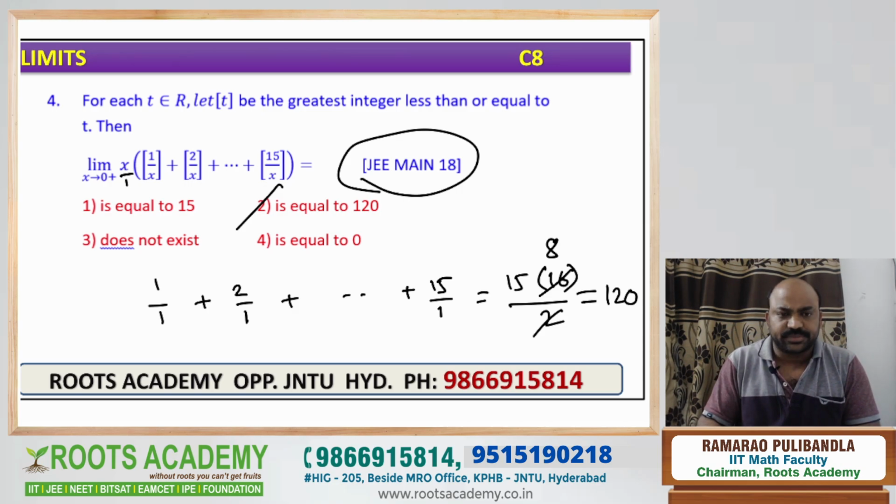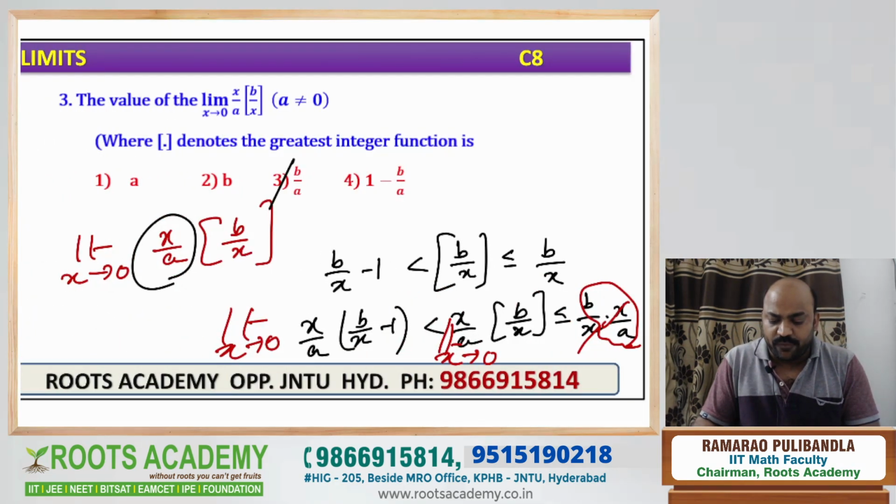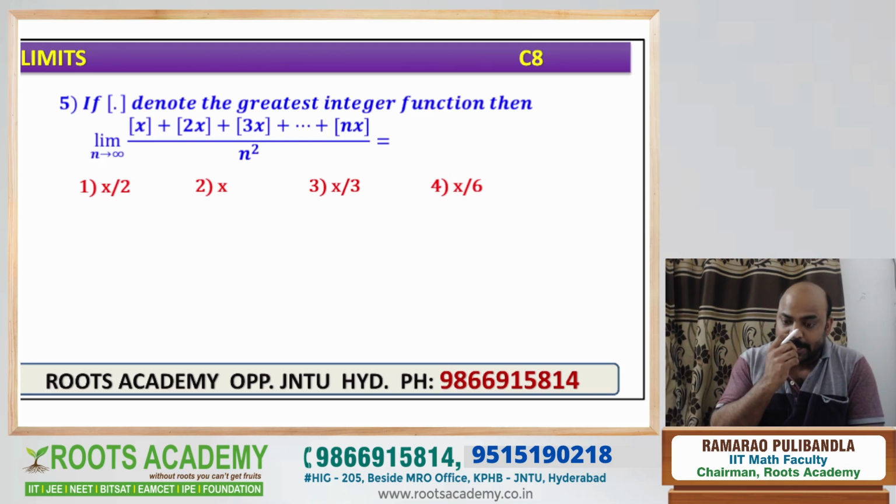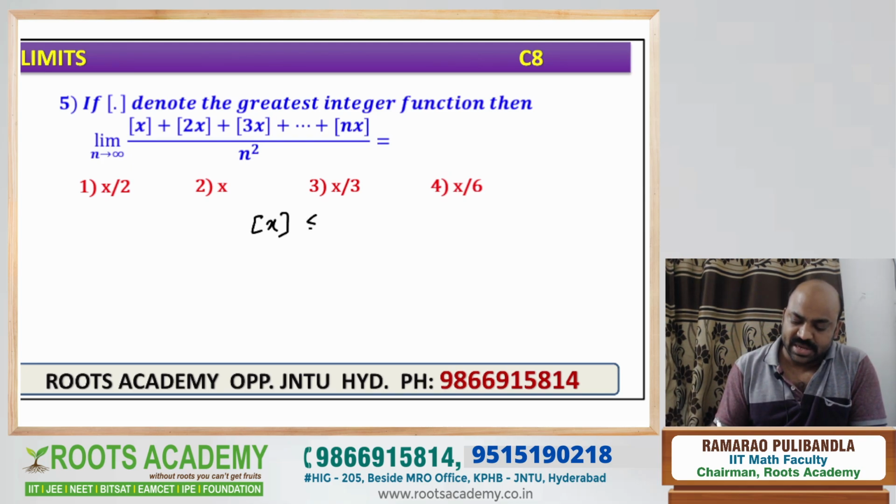What a beautiful question these are. All right. Moving forward to the next question, look at this fifth question. Another beautiful question it is. Just like what we did now, you have to do this. It is such a wonderful, conceptually connected question. Can I write this like this? Step x is less than or equal to x, and greater than x minus 1. Next one, step 2x, can you write?